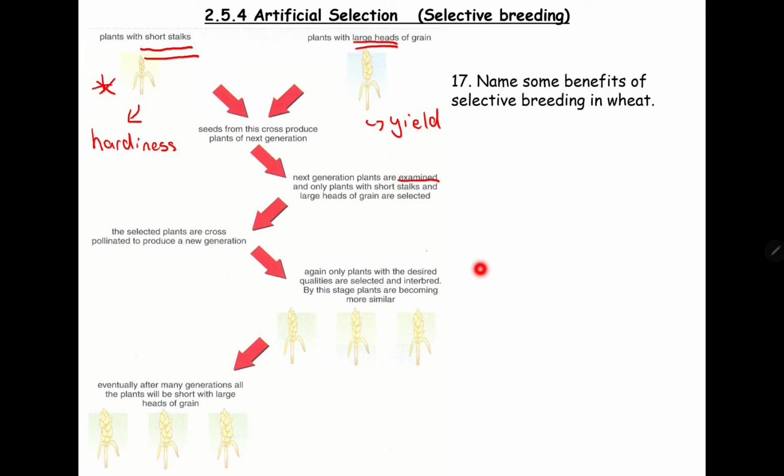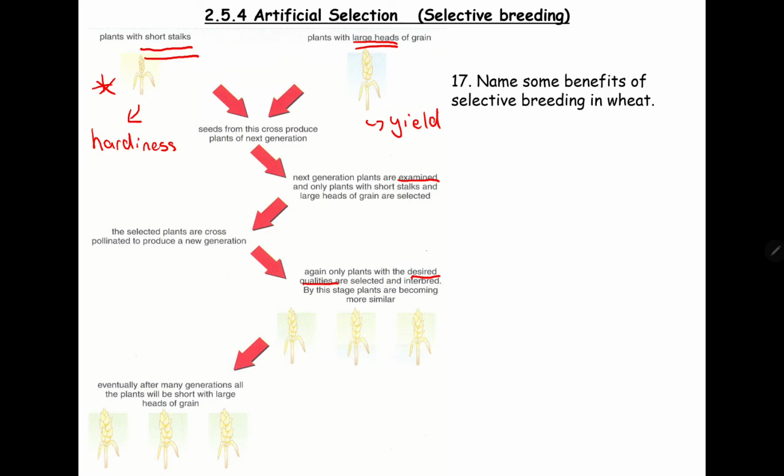These plants are then selected after some cross pollination to produce a new generation, and the same process is carried out. Only the ones with the desired qualities are selected for the next generation. As a result, we have produced new generations which have both of these positive traits.